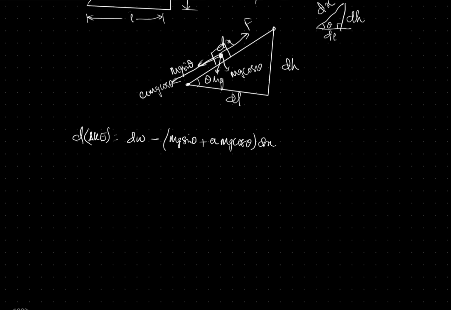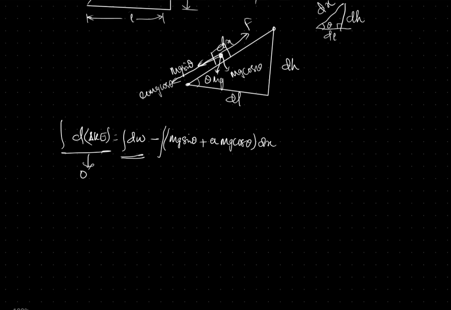This is nothing but dKE, the small change in kinetic energy. If we integrate all of them, the initial and final kinetic energy are equal to 0, of course. So this part will be equal to 0.